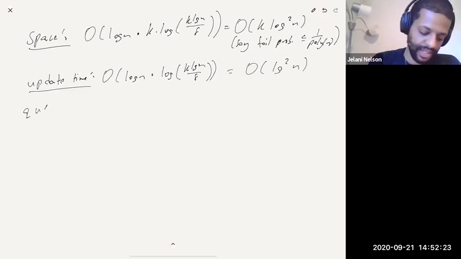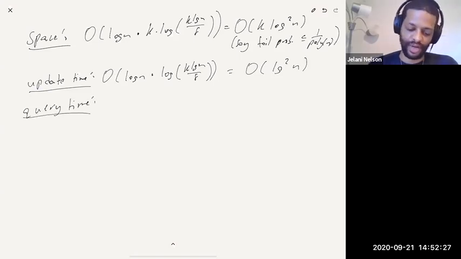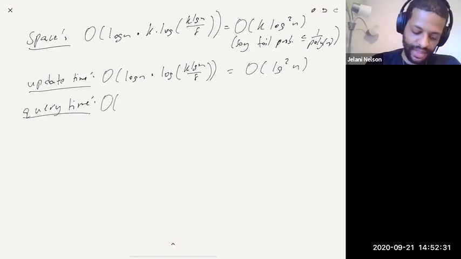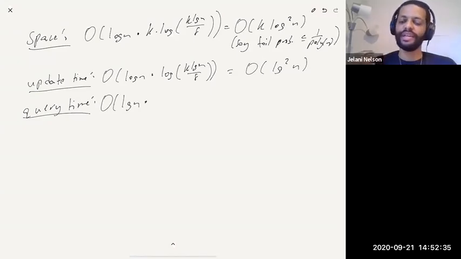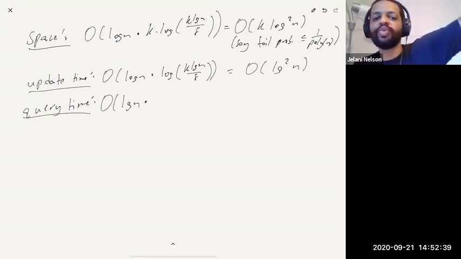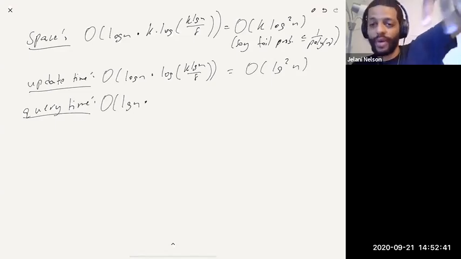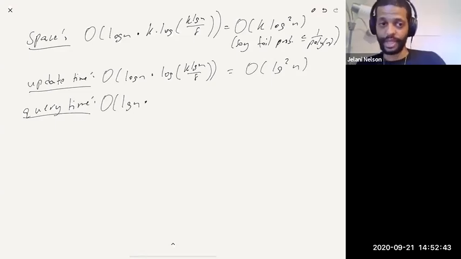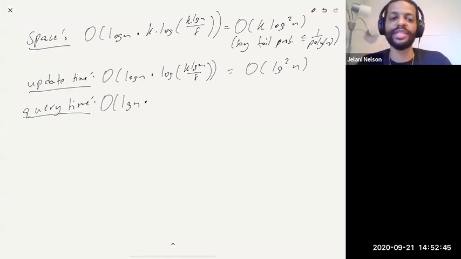And the query time, this is where you really save. The query time is not going to be linear in n anymore. So again, you have log n levels. Each one, you have these K people at that level, but for each of those K people, you're querying 2 of their children. So you're doing something like 2K point queries.